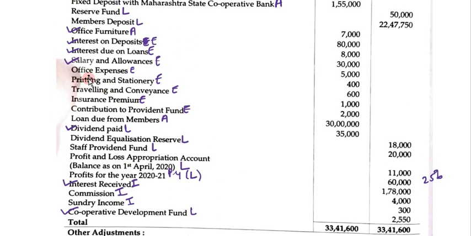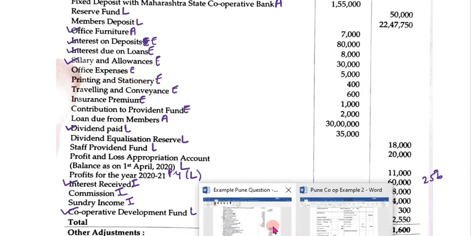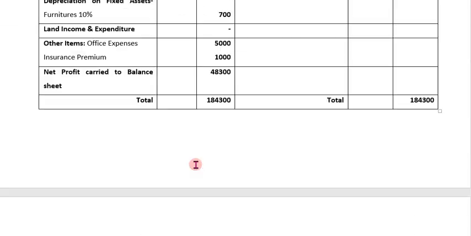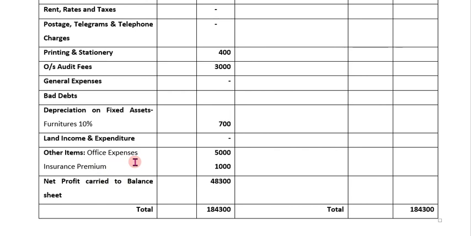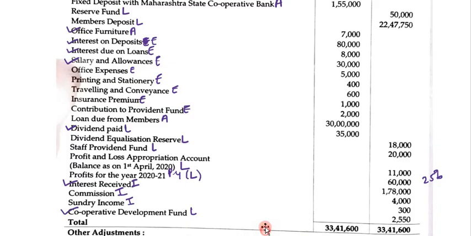Next is office expenses. Office expenses is expenditure, 5,000 rupees. Now in expenditure write office expenses 5,000 rupees. After office expenses we have printing and stationery. Same, this entry will also come in expenditure.